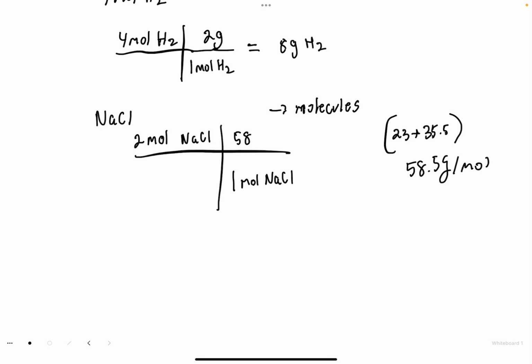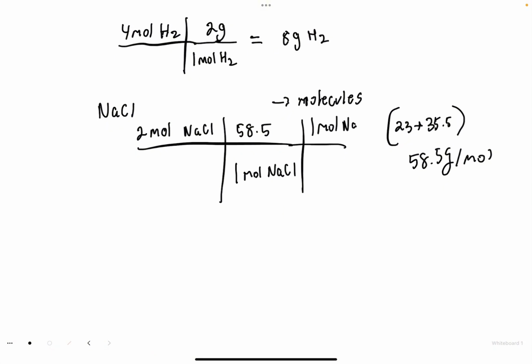So 58.5 over 1 mole NaCl. I'll just put NaCl here as well, over 6.02 times 10 to the 23rd. So that conversion is going to be your answer.